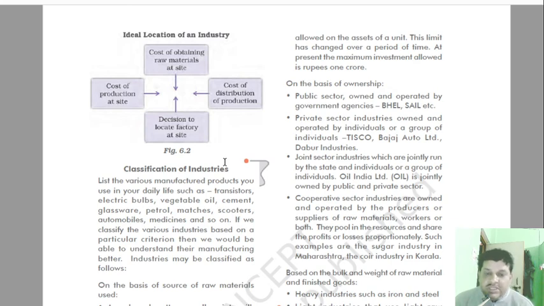They pool in the resources and share the profit or losses proportionately. Examples are the sugar industry in Maharashtra and the coir industry in Kerala. Sudha dairy is a cooperative industry; the Sudha milk you use daily is a cooperative. In South India, the sugar industries are cooperatives.